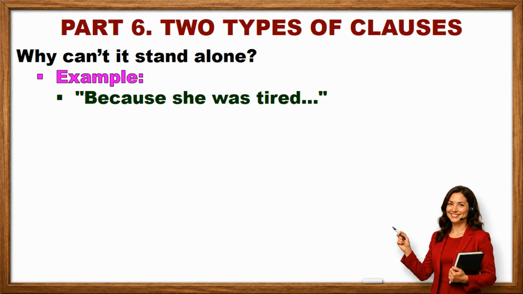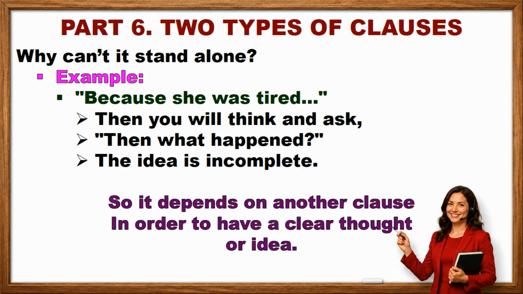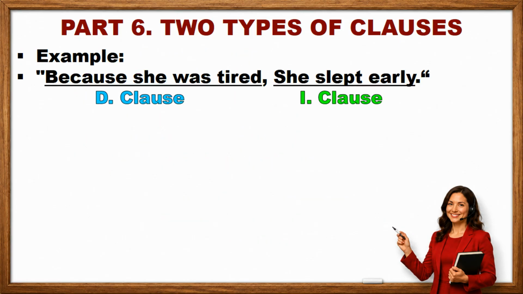See this example. Because she was tired. Then you will think and ask, then what happened? The idea is incomplete. So it depends on another clause in order to have a clear thought or idea. Example: because she was tired, she slept early. Now the meaning is clear, isn't it?